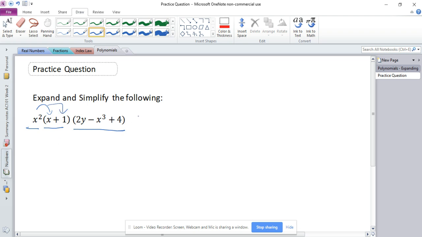If I do that, I have x power 3 plus x squared, because x squared times x is x power 3. If you're not sure how I get this, please refer to the index law video. So that is one term here, and the other polynomial.